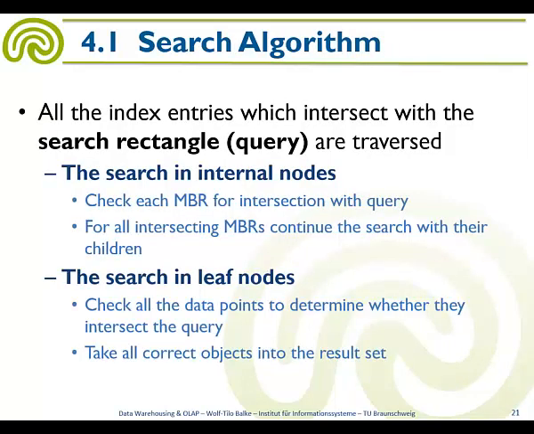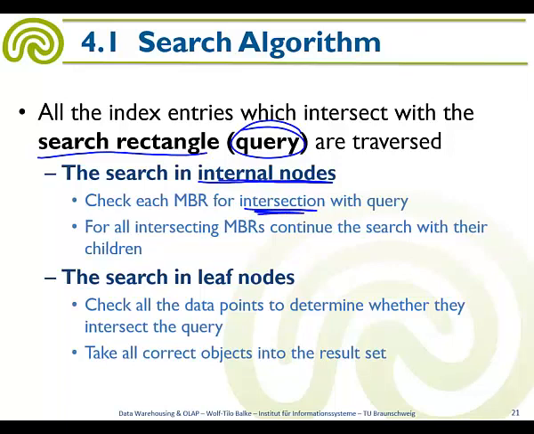So how does the search procedure work? Well, at the very beginning, you start with the query, which is basically a search rectangle, and you start from the top, from the root. You search in the internal nodes, the nodes that have the coordinates of the minimum bounding rectangle and the pointers to the children, and you check for the intersection with the query.